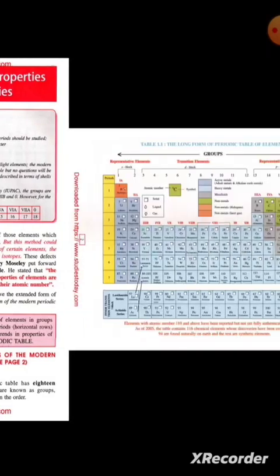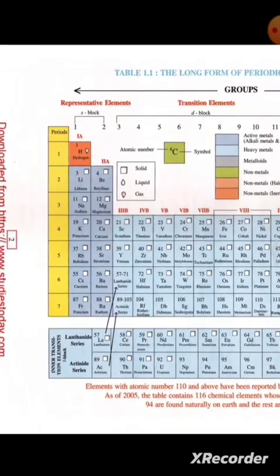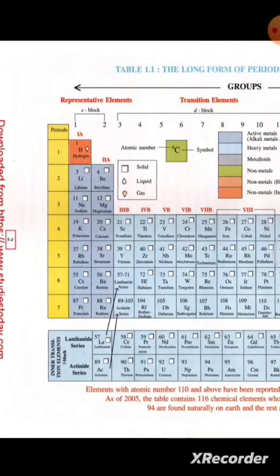Suppose, as I told you, elements showing the same properties are categorized in one group. That means if you read about your lithium, then ultimately we have read about your sodium, potassium, rubidium and so on. The same way, if we have read about beryllium, then we have read about the remaining elements also.